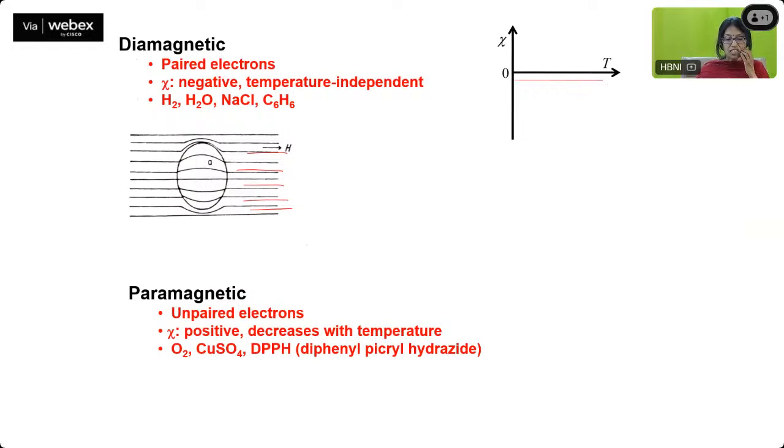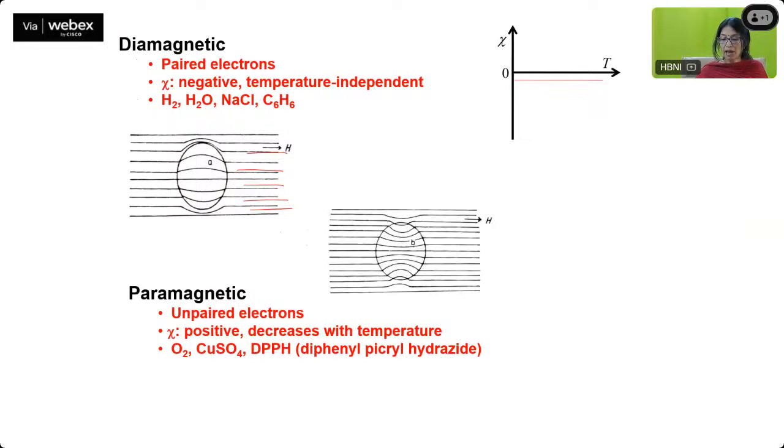Whereas if you have a paramagnetic material, then it has unpaired electrons. Diamagnetic always has paired electrons. Paramagnetic has unpaired electrons. In this case, the chi value, the susceptibility value, is positive. It decreases with temperature. And what are the examples? You have oxygen, you have copper sulfate, you have diphenyl picryl hydrazyl. So these are all paramagnetic materials.